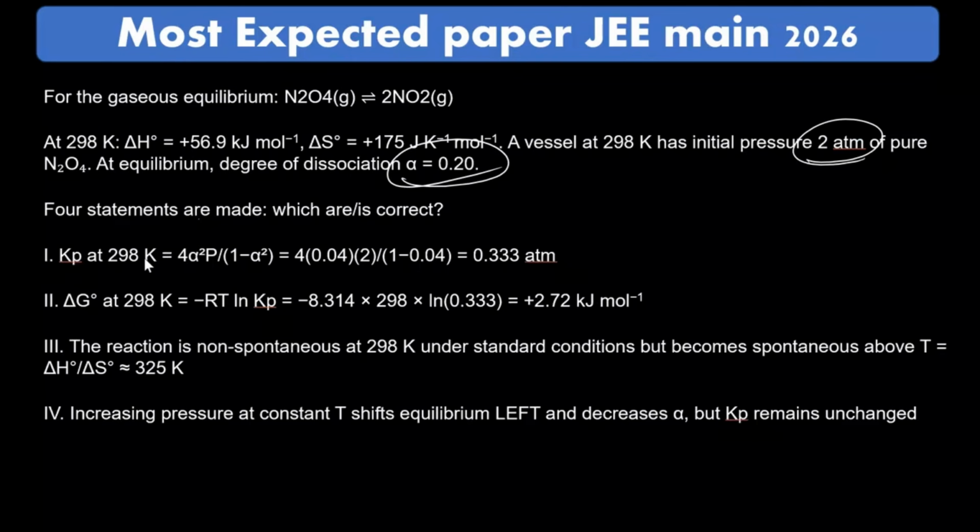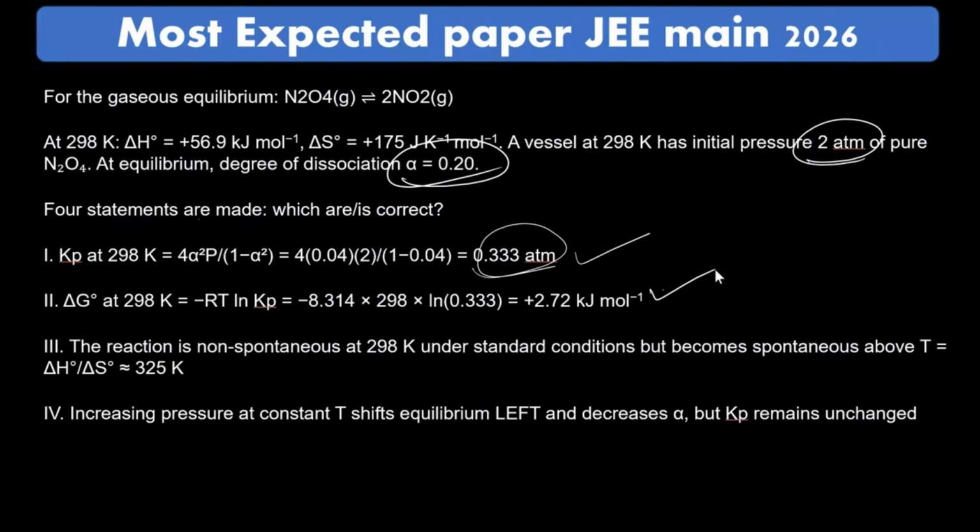Kp at 298 Kelvin, if you substitute this, you are getting 0.33. That is true. And then delta G naught at 298. If you find this, other things will fall into place. Right, statement 2 will also be right.